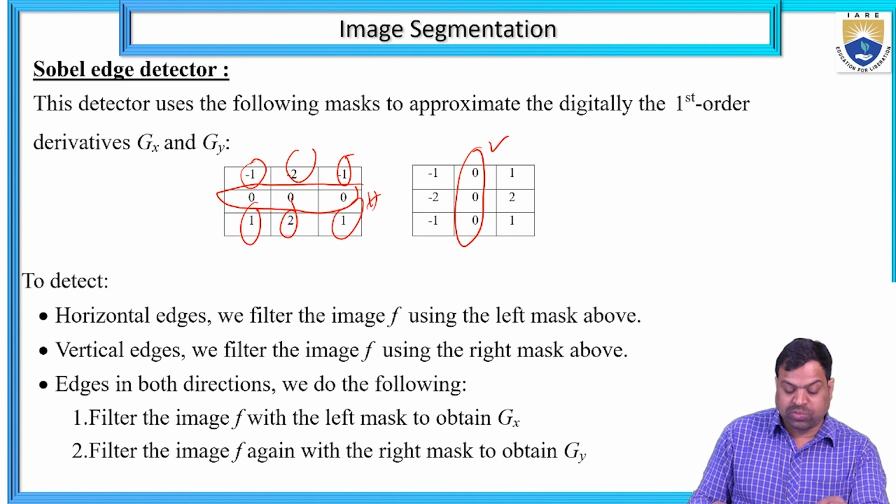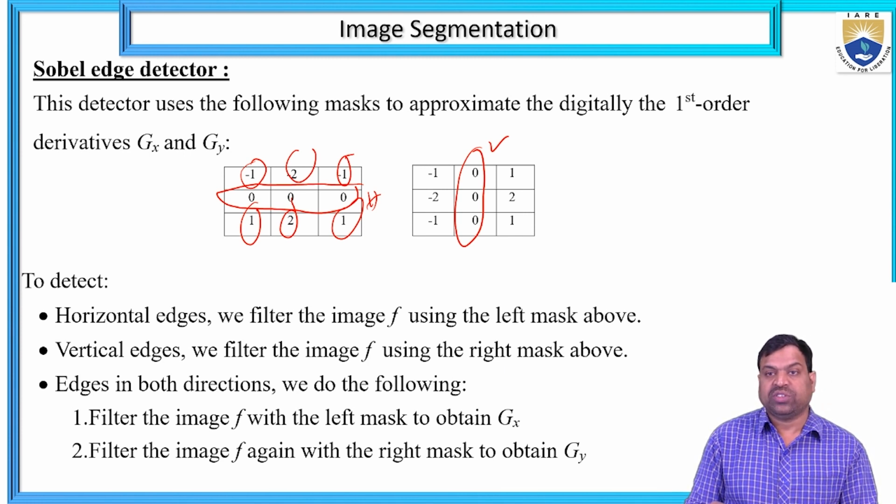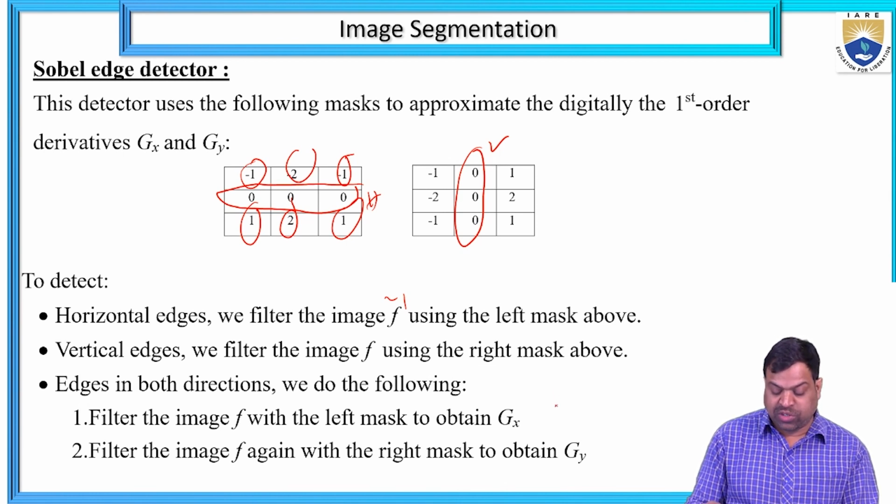What is the use? To detect the horizontal edges, we filter the image F using the left mask above, and for the vertical edges we filter the image F using the right mask above, and for edges in both directions we do the filtering.